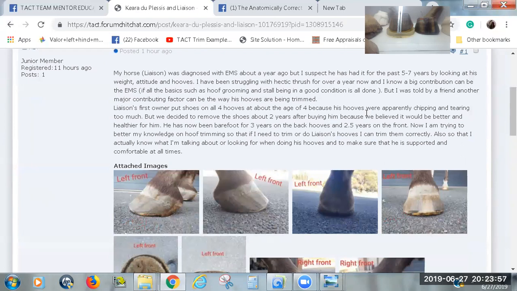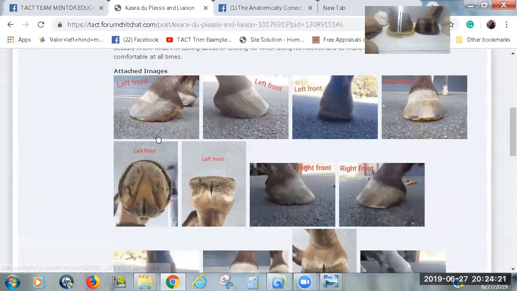Now I am trying to better my knowledge on hoof trimming so that if I need to trim Liaison's hooves, I can trim them correctly. Also, so that I actually know what I'm talking about or looking for when doing his hooves to make sure that he is supported and comfortable at all times. That's a great story. Thank you. You did good.